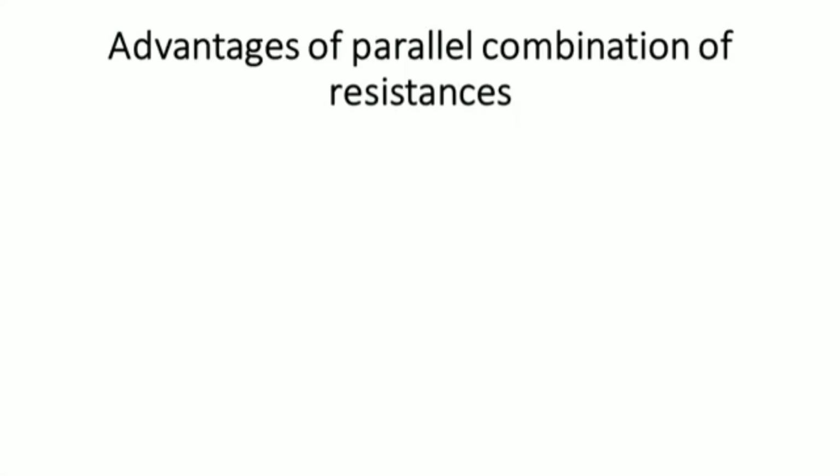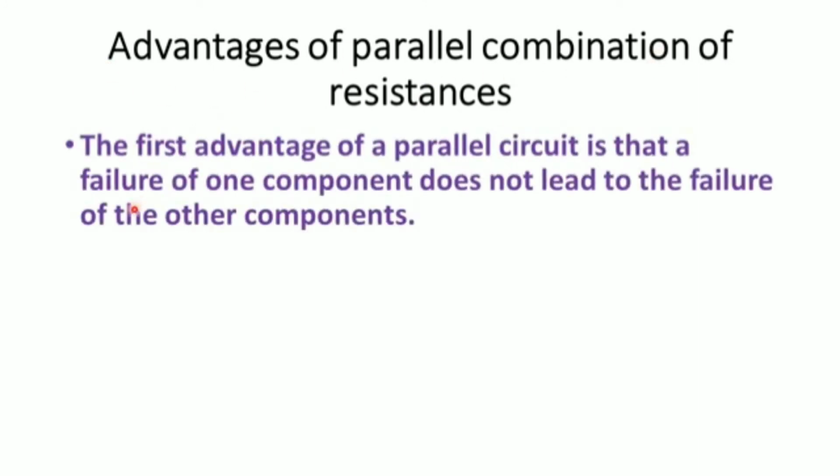Now, the advantages of parallel combination of resistances. What are the advantages? The first advantage is that in parallel combination, failure of one component does not affect the other components. If one of our appliances gets defective or an error comes in its functioning, other appliances will not be affected by this parallel combination.